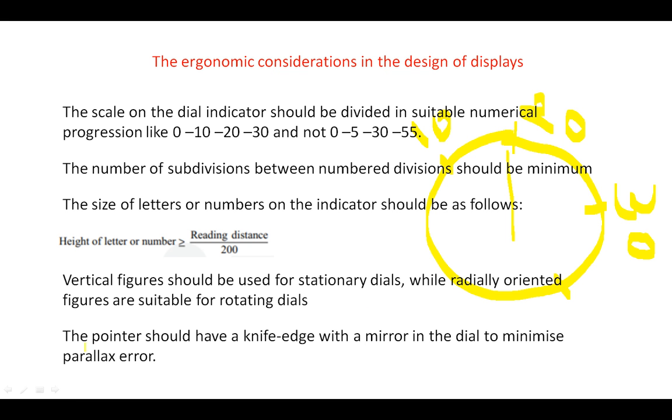And the final one is the pointer should have a knife edge with a mirror in the dial to minimize the parallax error. Now parallax error means, suppose a user is not standing perpendicular to the dial.